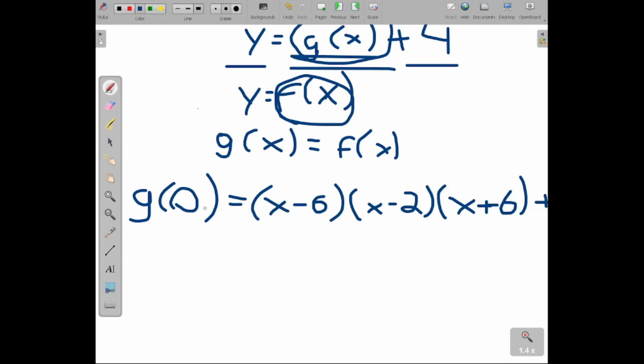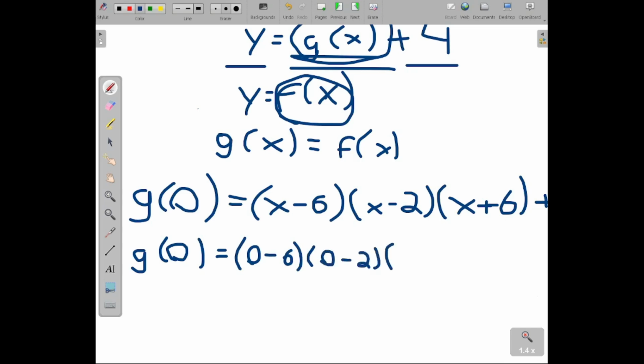So this means that x will be equal to 0. g of 0 is equal to 0 minus 6 times 0 minus 2 times 0 plus 6 plus 4.